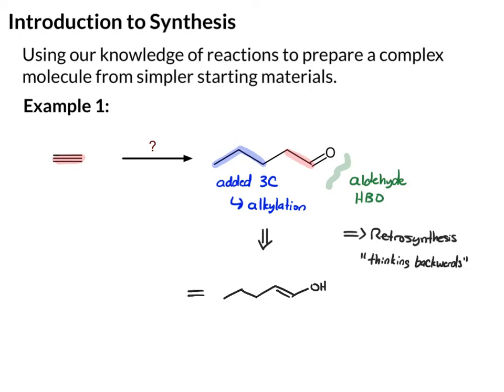So now let's keep going backwards and think about the alkyne that this would have come from. This alkyne, and then this alkyne would come from acetylene through an alkylation. So what you want to do after you figure out the basic steps is write this in the forward direction.